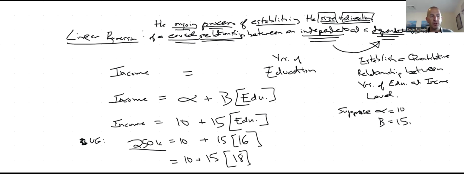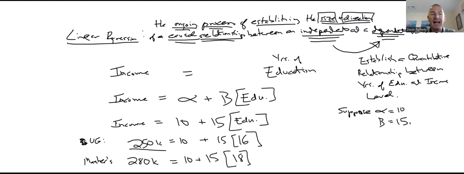Well, with a master's degree, you would predict your income to be 15 times 18, which is 270, plus 10. You would expect it to be $280,000 per year with a master's degree.